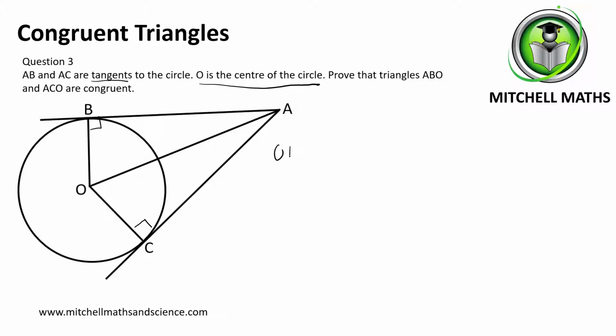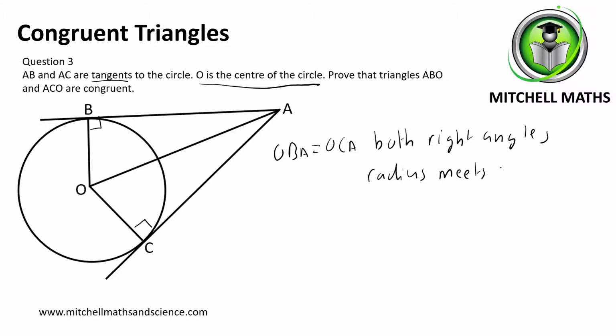So OBA and OCA are both right angles, and I'll just put radius meets tangent, because that's one of your circle theorem rules which you need to know.